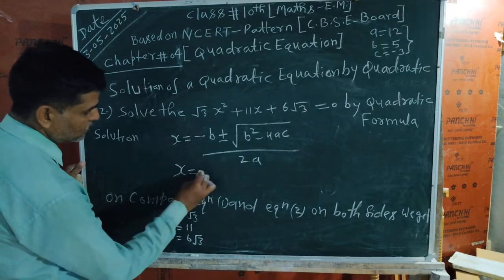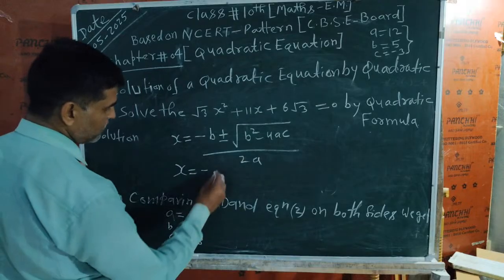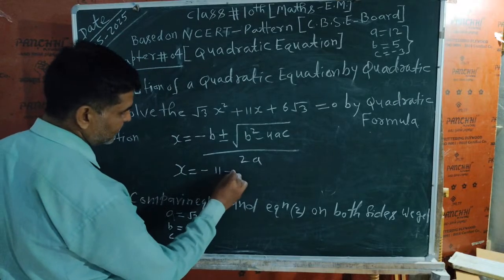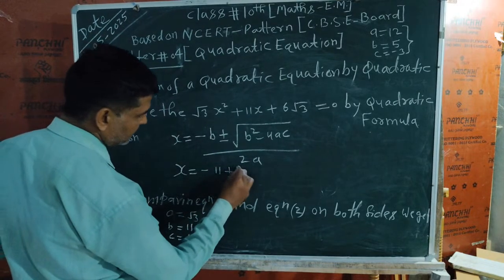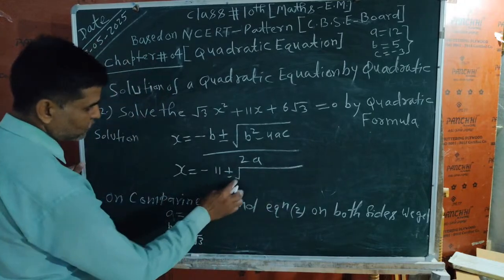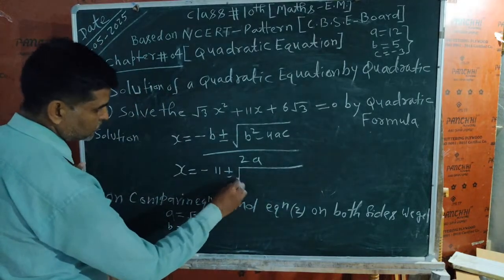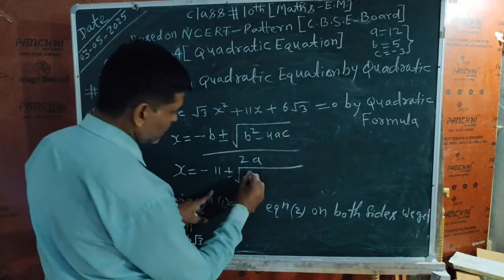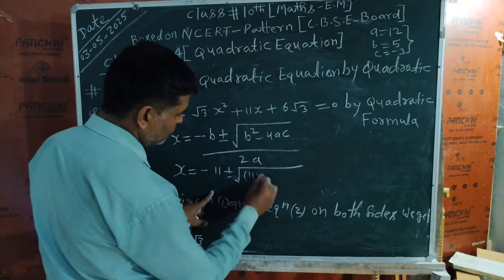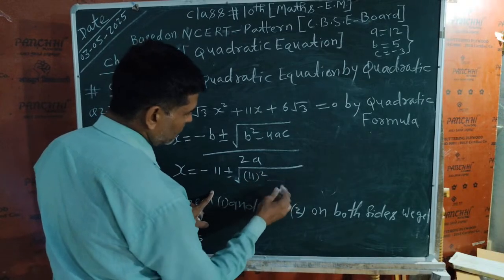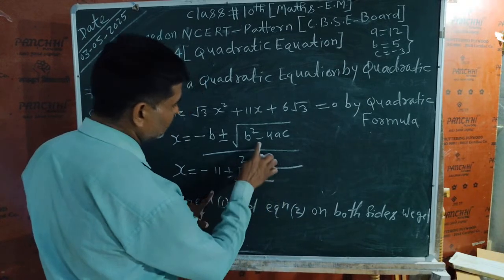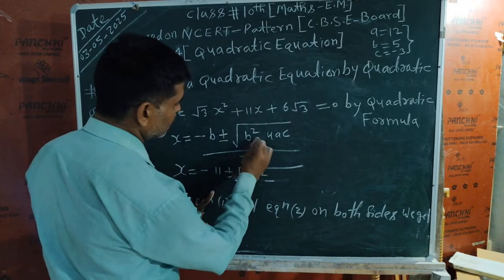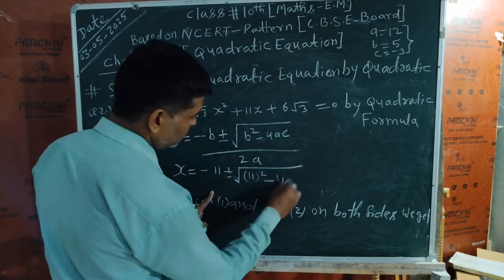So x is equal to minus b. The value of b is written here, 11, plus minus, and here I will write the square root. So under the root, the value of b is 11, and I will put the square of it, minus, because minus is available in the formula, and then 4.